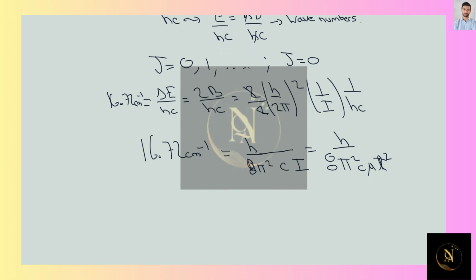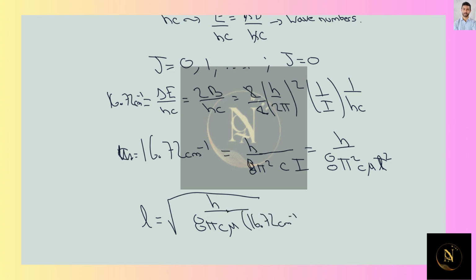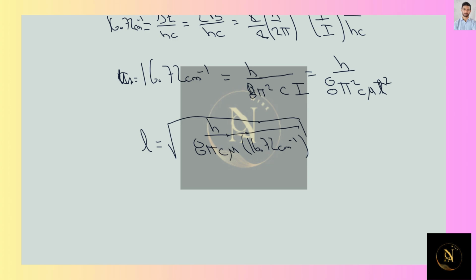So solving for L squared, let's call this constant. So solving for L squared, we're going to get L is going to be equal to the square root of h divided by 8 times pi squared times c times mu times the value that we found, 16.72 centimeters to the minus 1. And over here I forgot the squared.